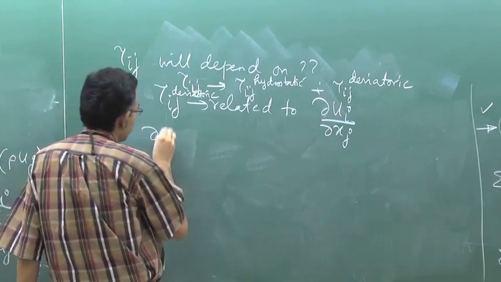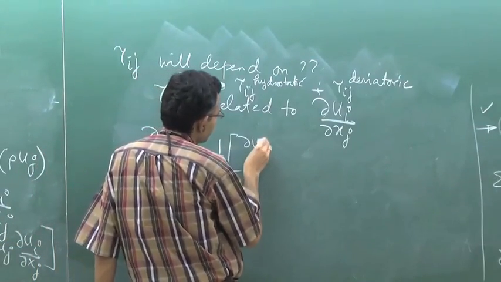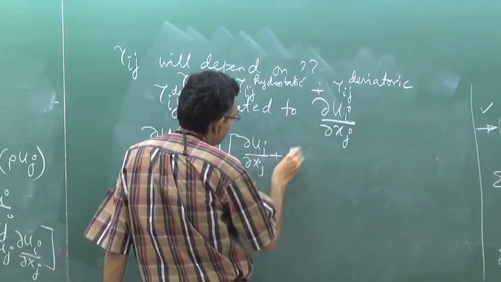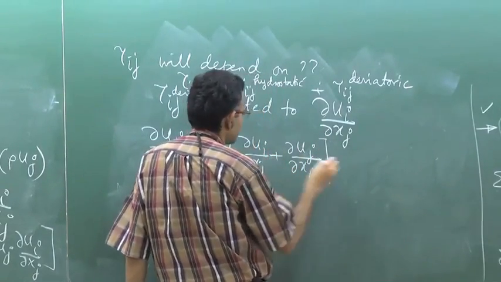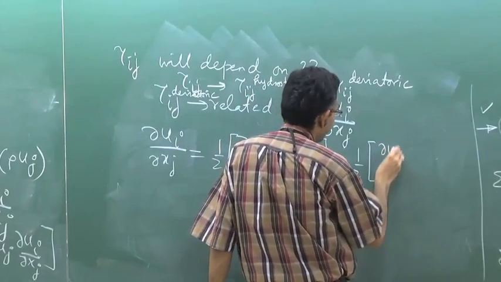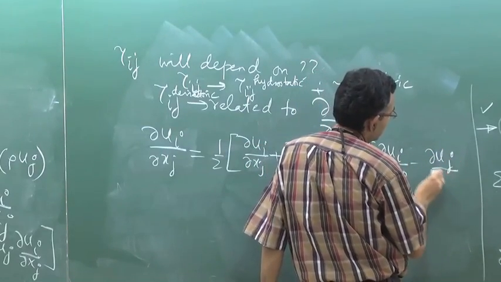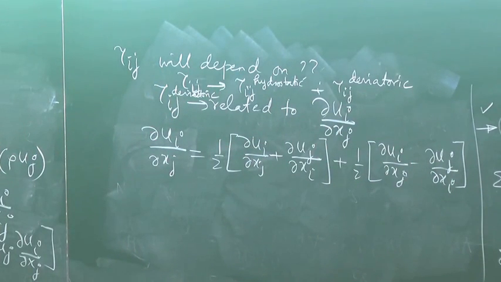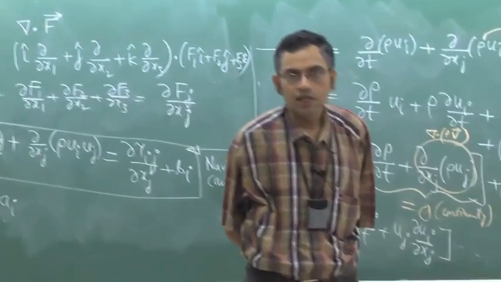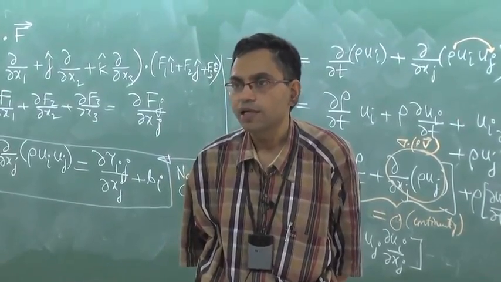Now you can write this, which is nothing but A equal to half of A plus B plus half of A minus B. I mean, it is no new equation.